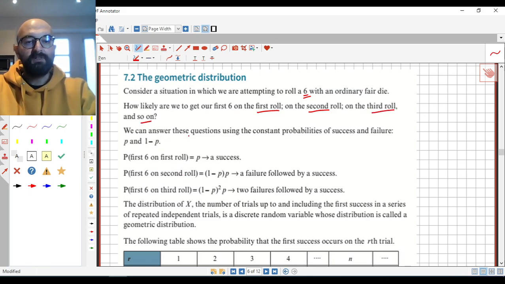We can answer these questions using the constant probabilities of success and failure. We can say that the probability of success is P. So the probability of failure has to be 1 minus P.